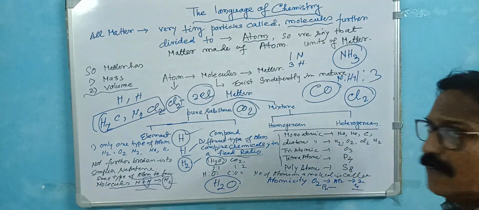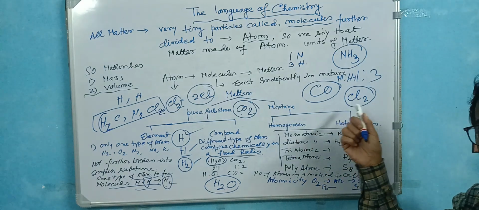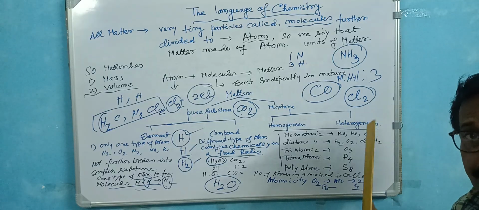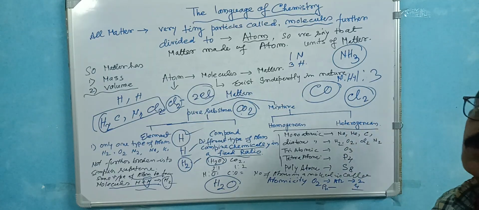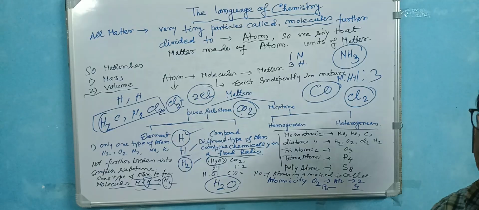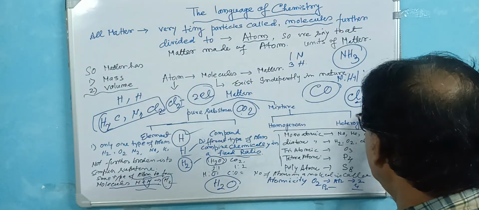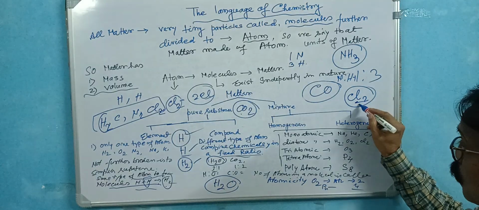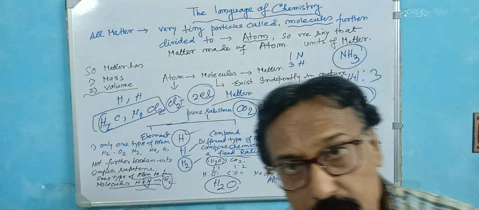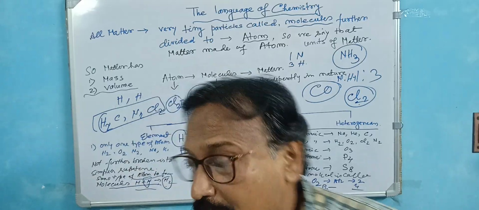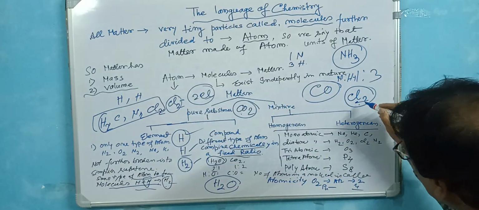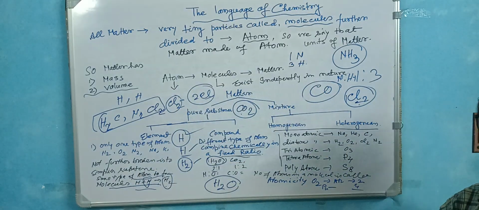But if this is Cl2, first, it is an element, not a compound, but it is a molecule. Chlorine molecule, because this is a molecular form. Chlorine molecule means there are 2 atoms of chlorine involved. So this is one chlorine molecule.